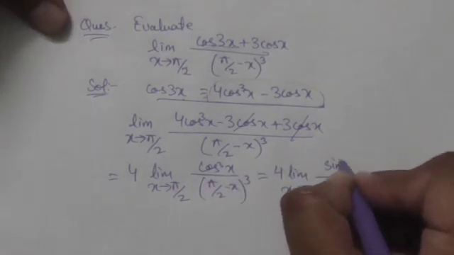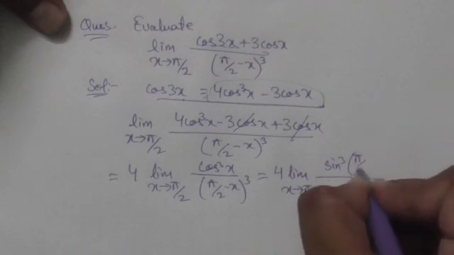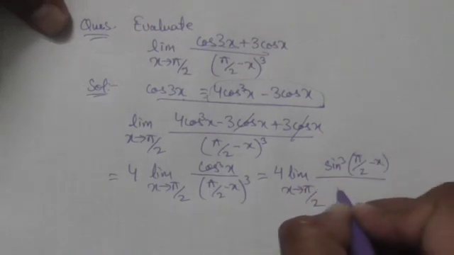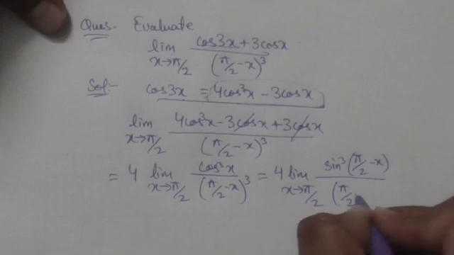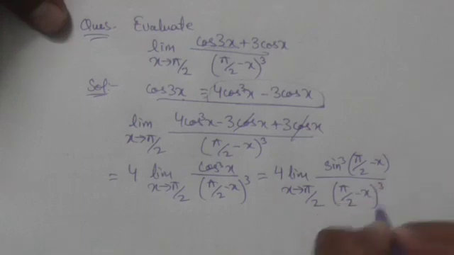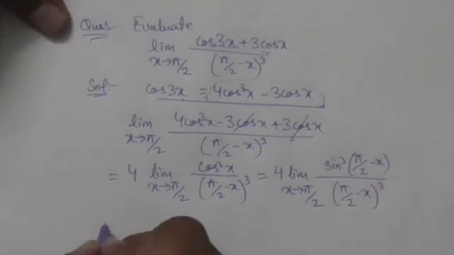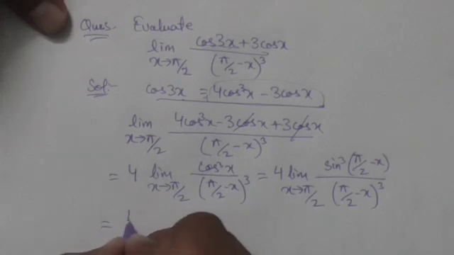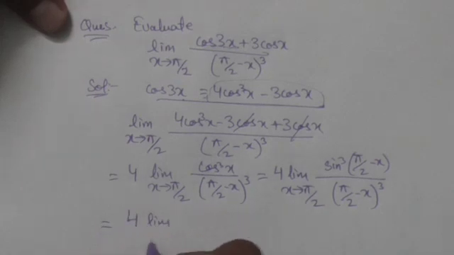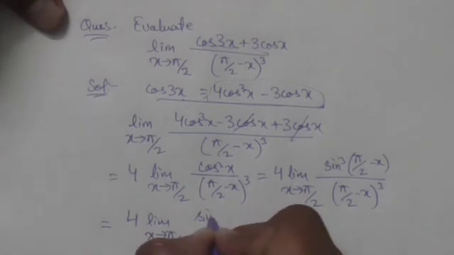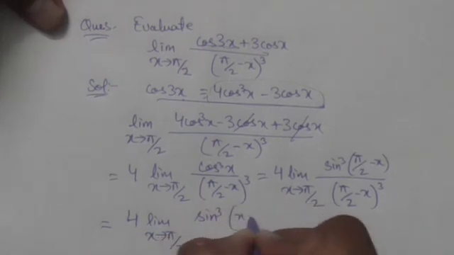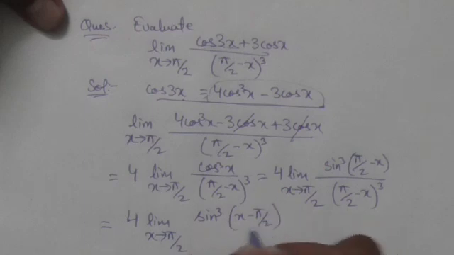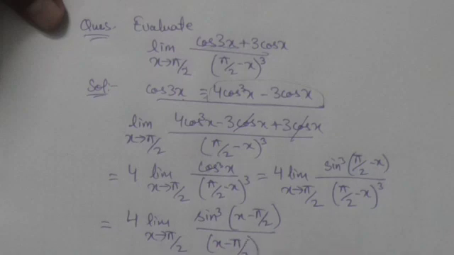Sine cube of pi by 2 minus x upon pi by 2 minus x raised to power 3. And it will be equal to 4 limit x tends to pi by 2 of sine cube of x minus pi by 2 upon x minus pi by 2 cube.